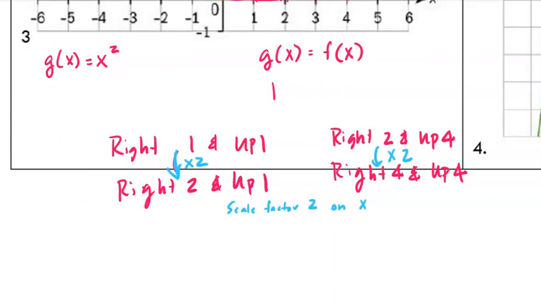Okay, so you know that that's going to be inside the function. So it's going to be g of x equals, open up that function. It's going to multiply that x by a number. Remember, we have to take the reciprocal. So 1/2. If I wanted to write it as a universal function, that's g of x equals f of 1/2 x.